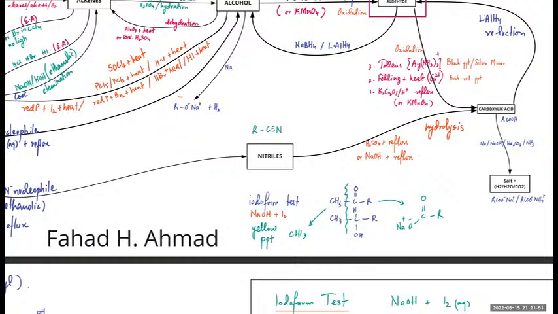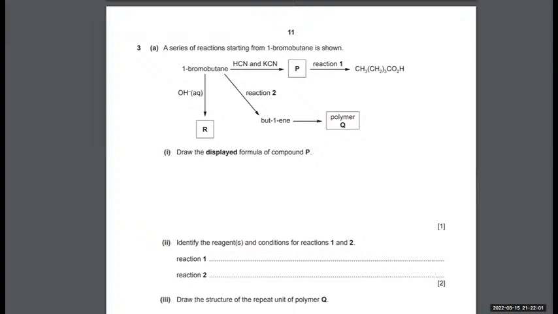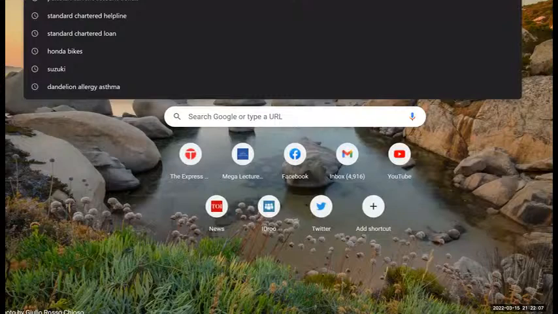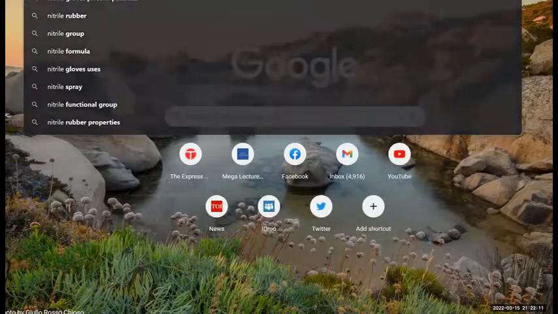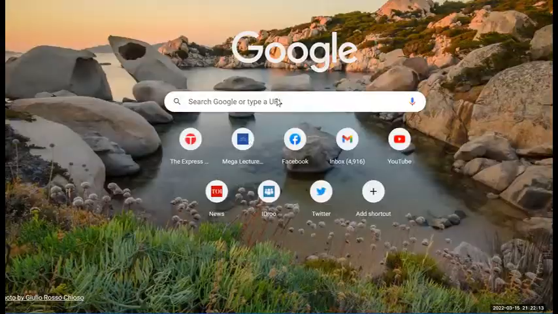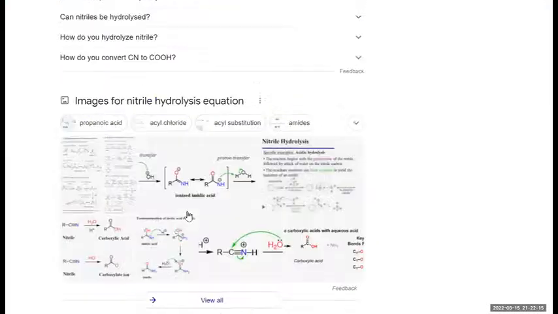Sorry, not back to this one. If you open the book, the full equation is that the nitrile hydrolyzes and turns into a carboxylic acid, and simultaneously there's an ammonium ion that's produced as well. So nitrile hydrolysis, one second, the equation, is it given anywhere?